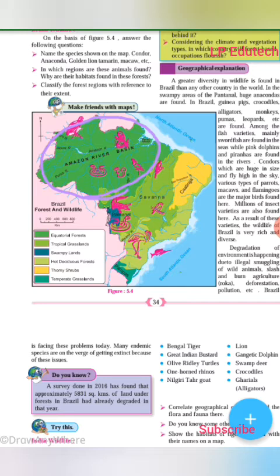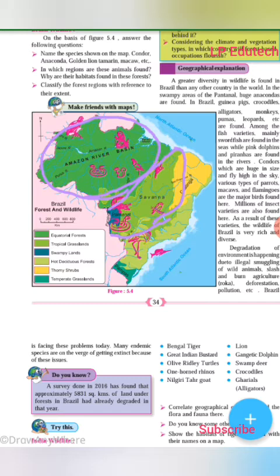Then the tropical grassland, which is shown in a faint dark color. So we can find crocodile, anaconda, macaw, green-headed tanager. This type of species are easily found here.